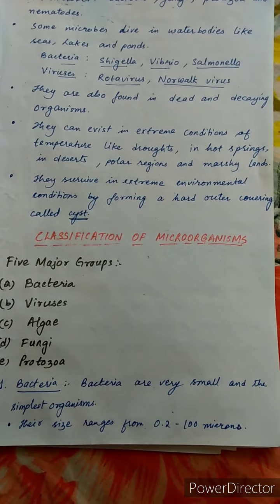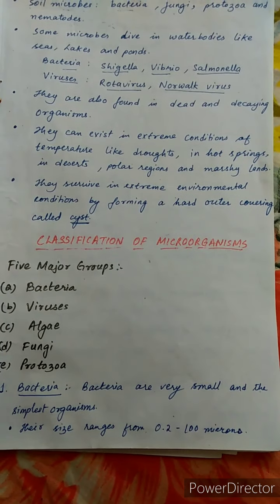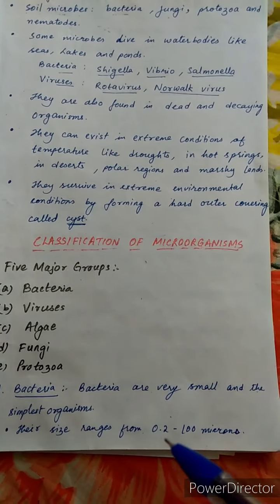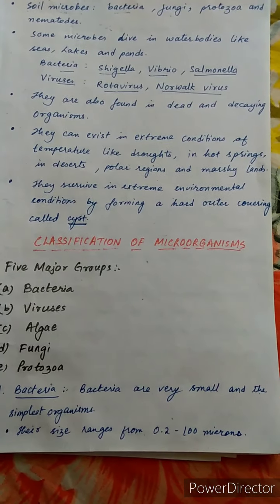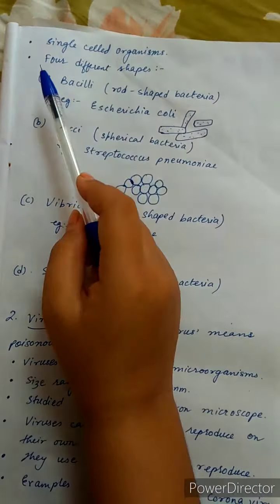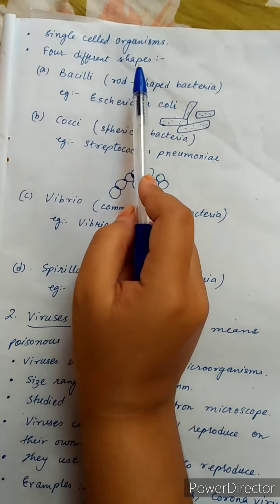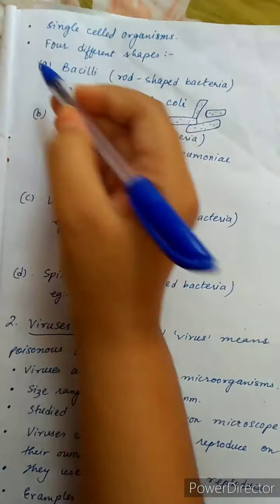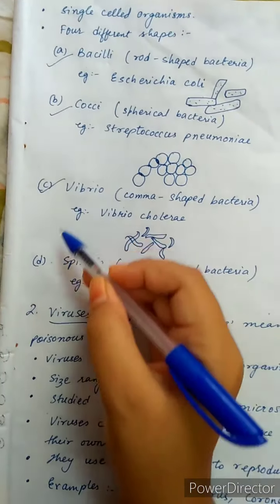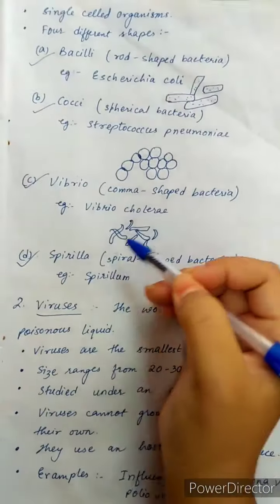Okay, bacteria are very small and simple organisms. Their size ranges from 0.2 to 100 microns. They are single-celled organisms. They are present in 4 different shapes. First one is bacilli, then cocci, then vibrio and spirilla.